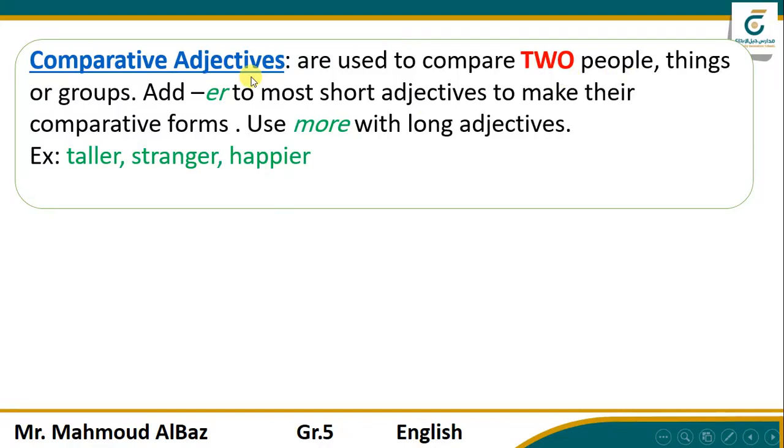We usually add er to most short adjectives to make their comparative forms, and use more with long adjectives. Here are some examples: taller, stranger, happier. These are short adjectives. But what about long adjectives? We use more, like the word exciting, more exciting. Beautiful, more beautiful.